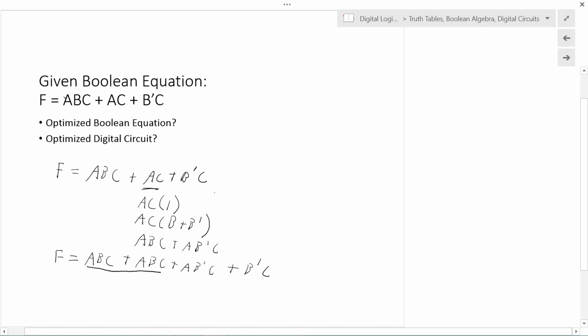Because of idempotency. So, we can say that F equals ABC or AB prime C or B prime C.